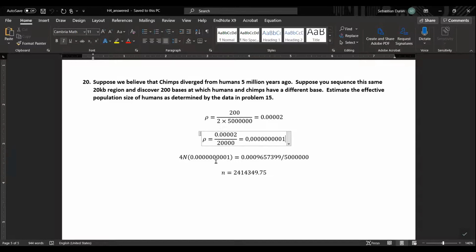But what you've said is if theta is 9.6 times 10 to the minus 4th, and the mutation rate is 10 to the minus 9th per site per year, you would then estimate 4N as this number, 10 to the minus third-ish, divided by this number, 10 to the minus 9th, and gotten something, probably that might be right. I don't know what that 5 million is, but that might be correct.